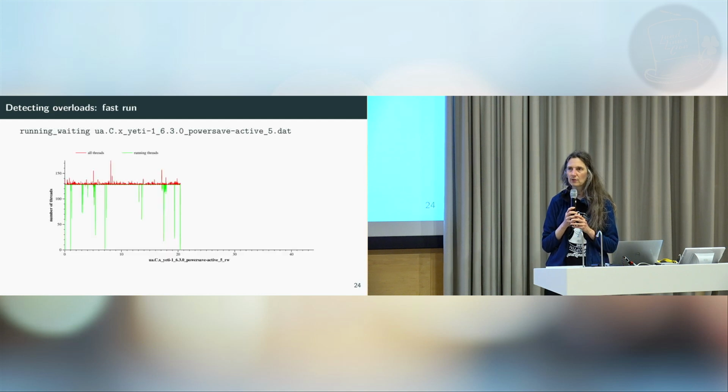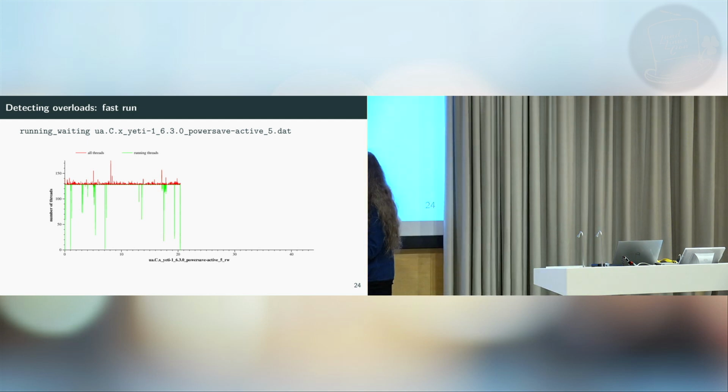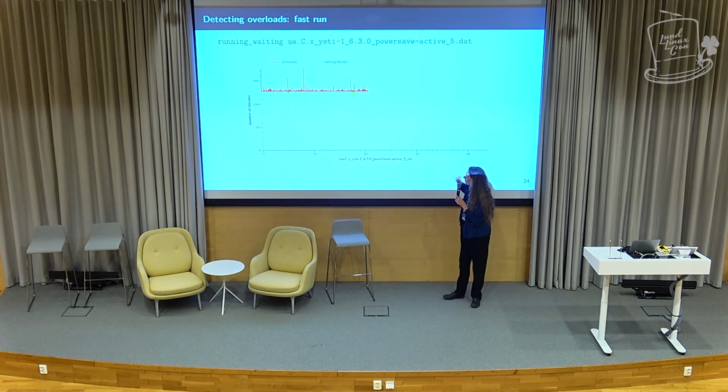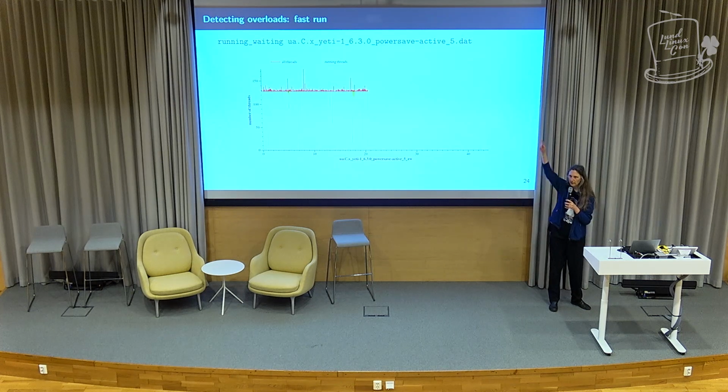For that, we can use this running waiting graph. So here I have running waiting, and I just gave it my file name. The graph has basically 3 kinds of lines. On the y-axis we have the number of threads, and on the x-axis we have the time. The green lines indicate how many things are running, going up and down as more or fewer things are running.